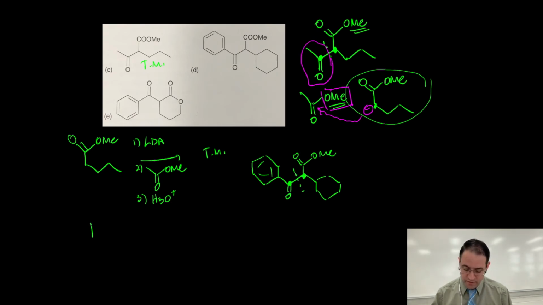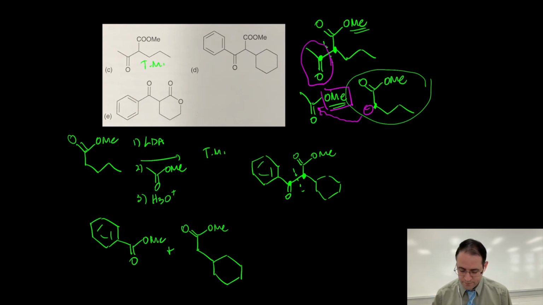So we want to break that, and that's going to give us methyl benzoate. Remember, I want to choose the methyl ester if I have a methyl ester in the product. And the other ester is also going to be a methyl ester with a slightly different R group.